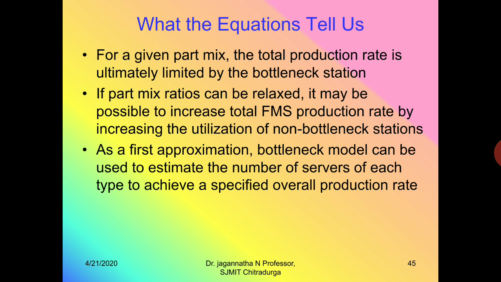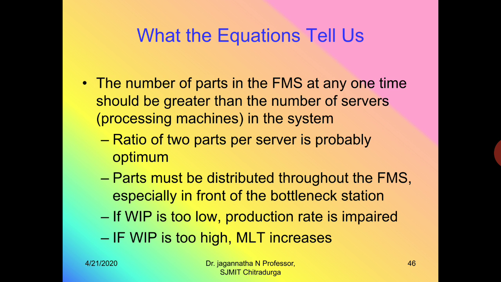What the equation tells you is that for a given part mix, the total production rate is ultimately limited by the bottleneck station. As a first approximation, the number of parts in the flexible manufacturing system at any one time is greater than the number of service centers.